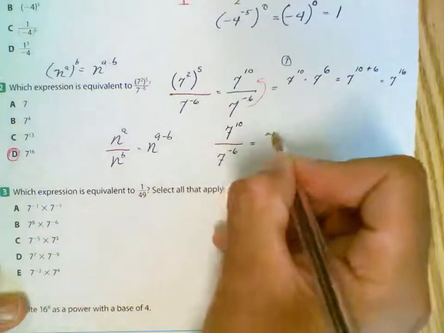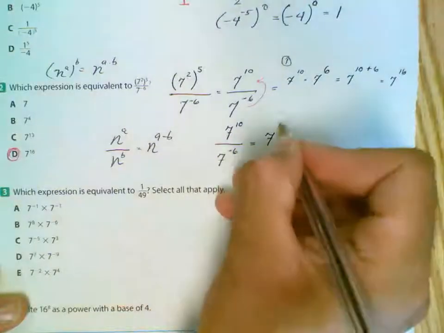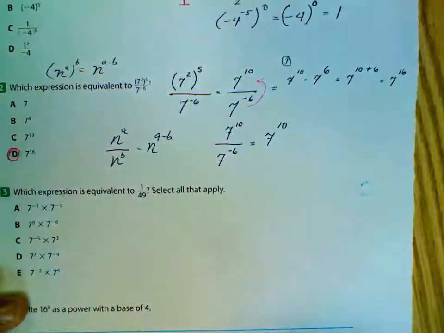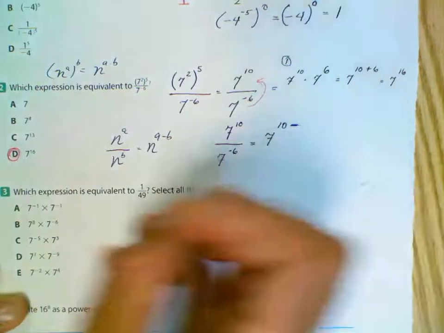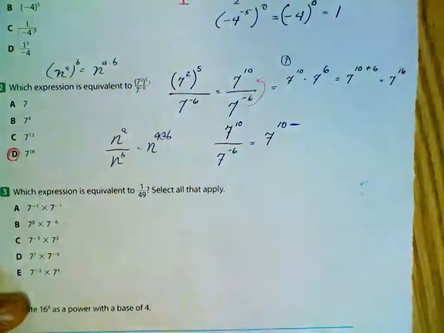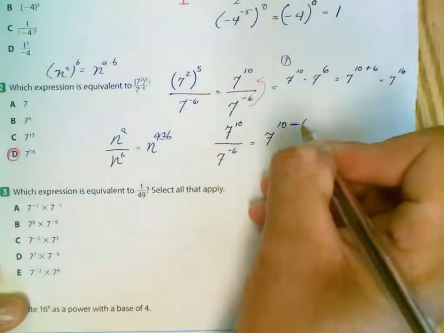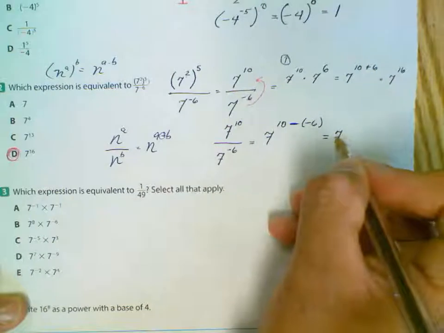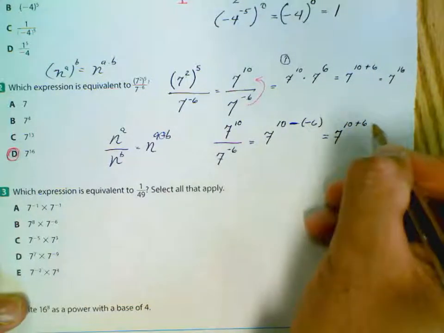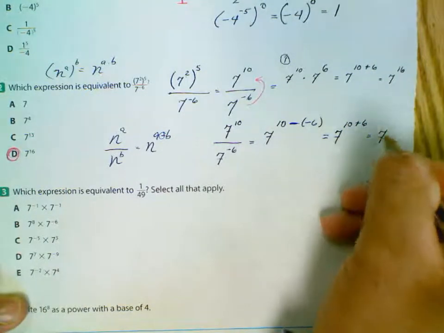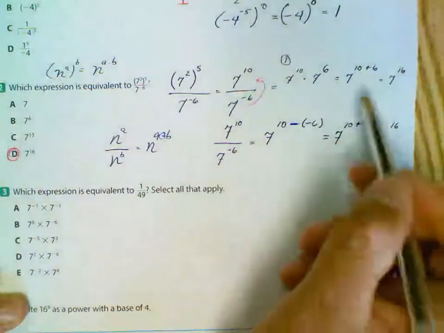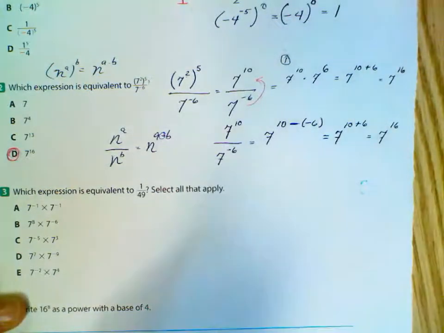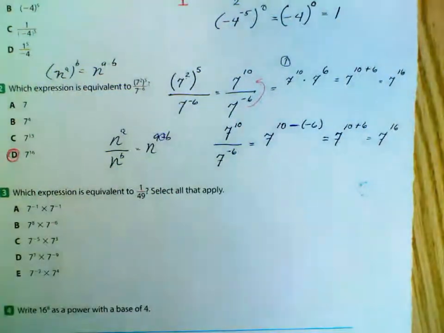So I have 7, same base, 10 minus, this minus is from the formula, and then I have -6. So it's equals to 7 to the... negative and negative is positive, so 10 plus 6 equals to 7 to the 16th power. So I have exactly the same solution. Two different steps. It's up to you which step you're going to choose.